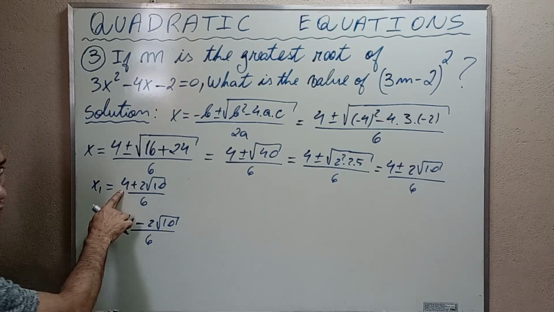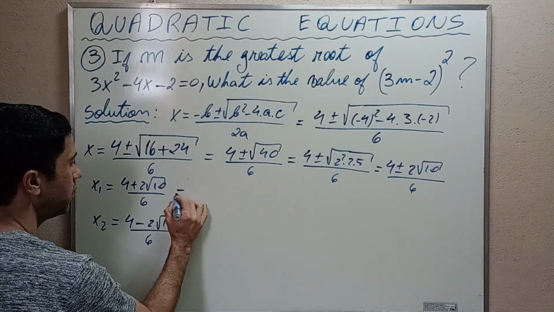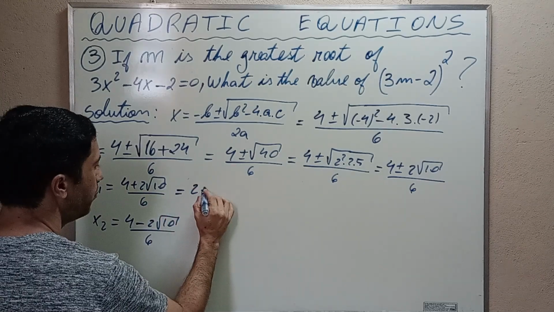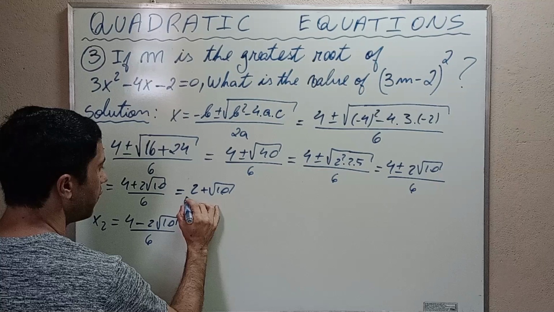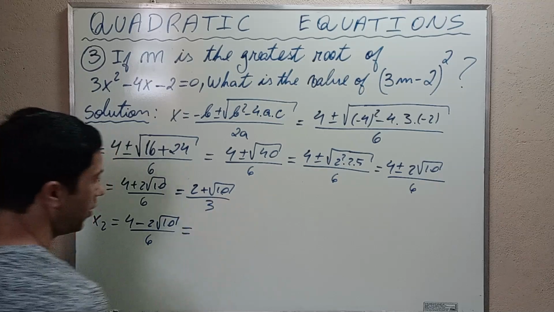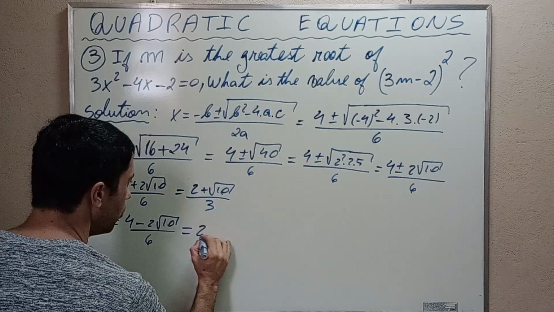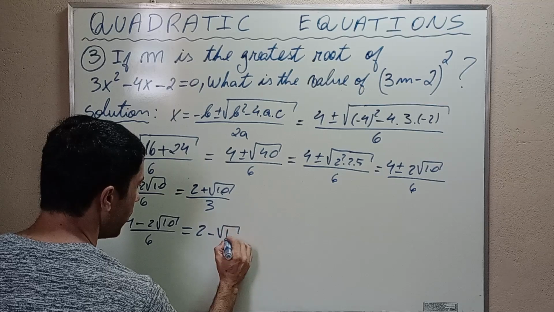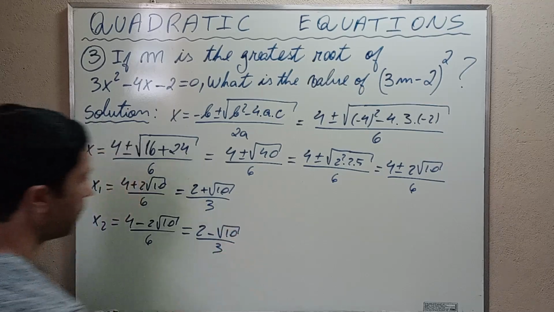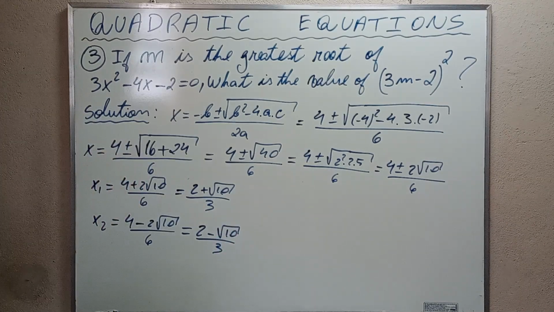We can factor out a 2 here, then this becomes 2 plus the square root of 10 divided by 3, and this is equal to 2 minus the square root of 10 divided by 3. These are the roots of this equation.